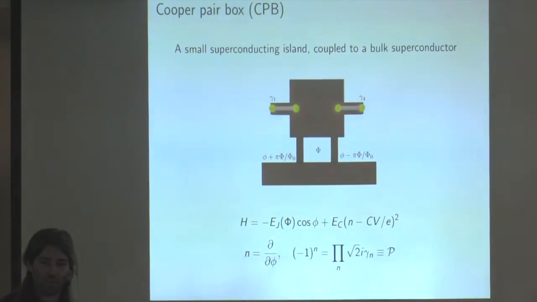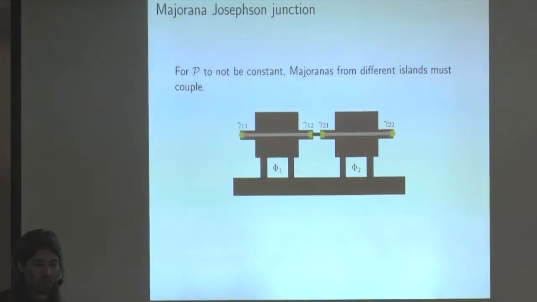If I just have many islands hosting Majoranas with charging energies interacting with each other, there will be a lot of conserved quantities, namely every single parity of every island will be conserved, and therefore there will be no non-trivial evolution at all. So I need to also couple Majorana degrees of freedom from neighboring islands. I'm willing to discuss how exactly to make this.